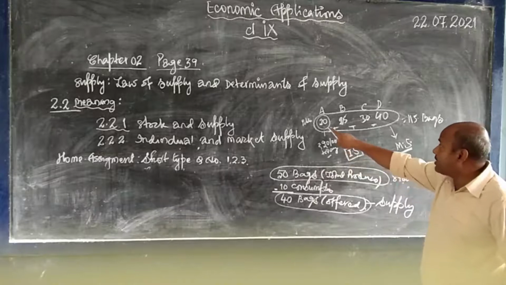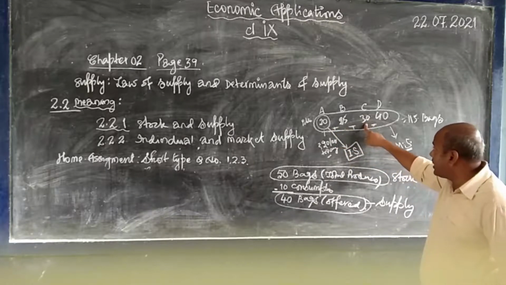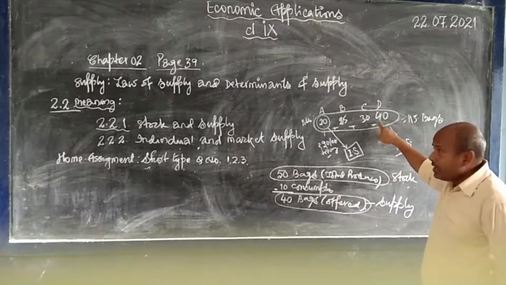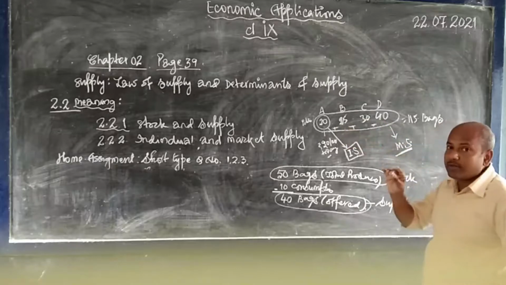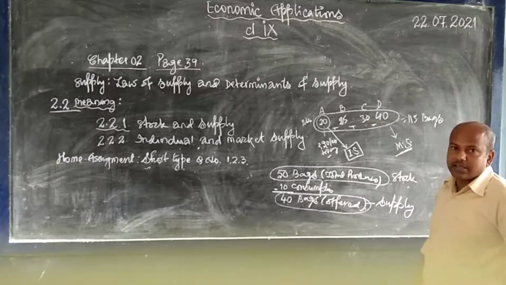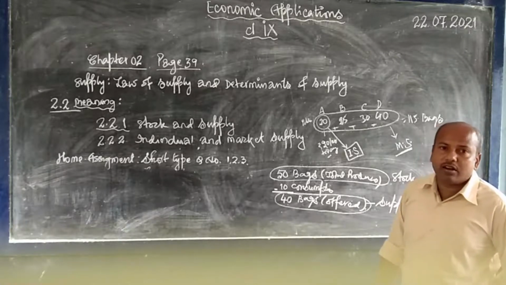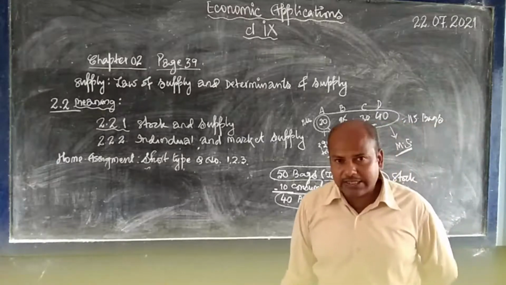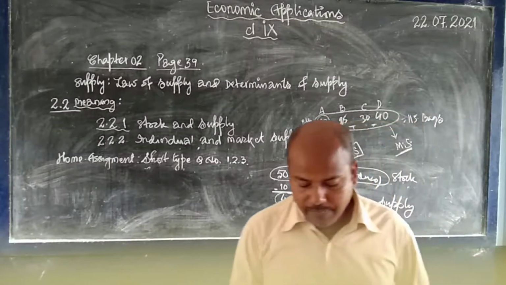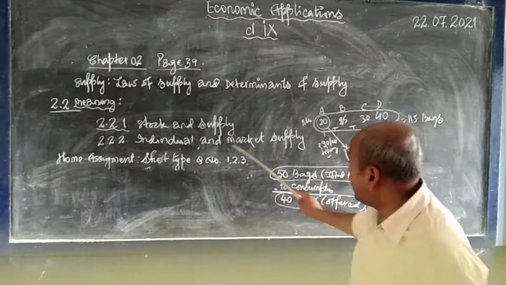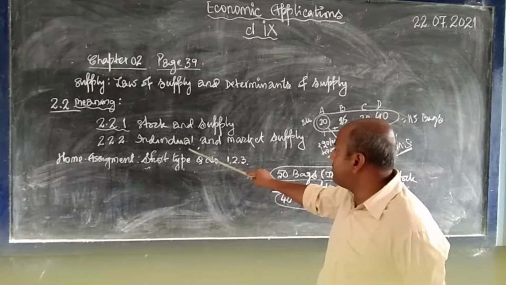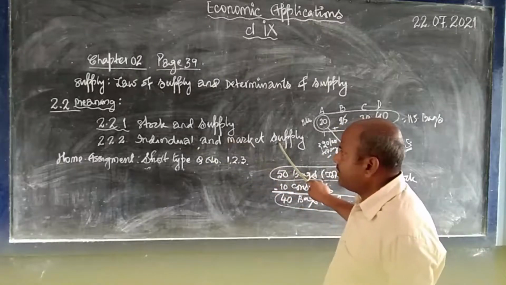That means A supplies this much, B supplies this much, C supplies this much, and D supplies this much. If you add all this, whatever sum you get is the market supply. So that is the definition as well as the difference between individual and market supply.